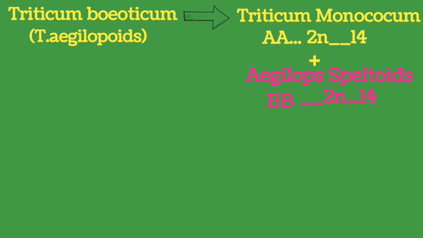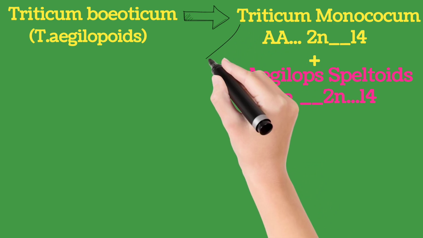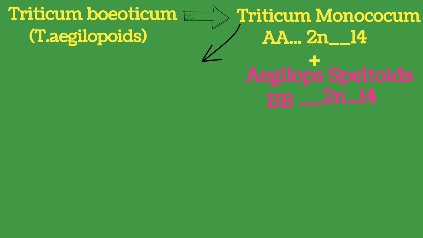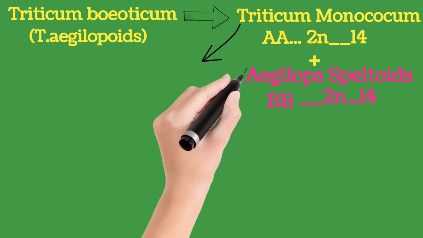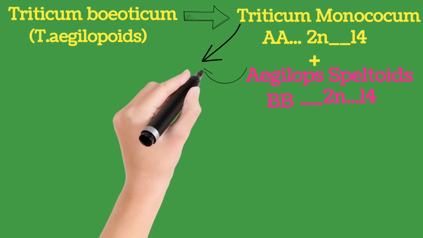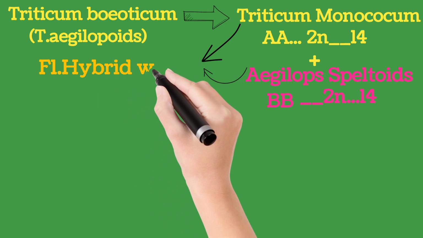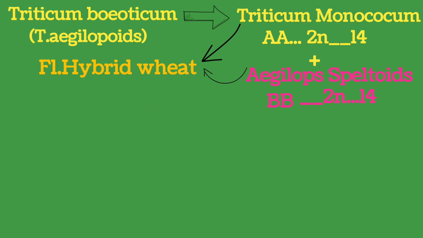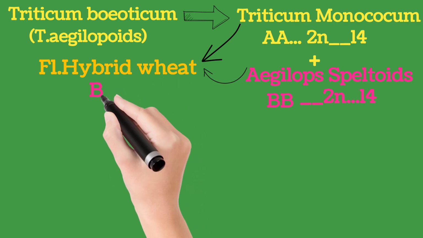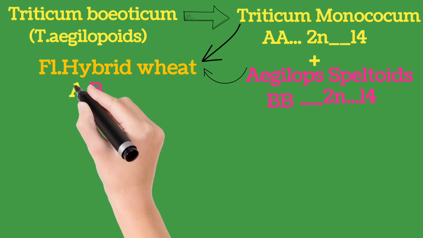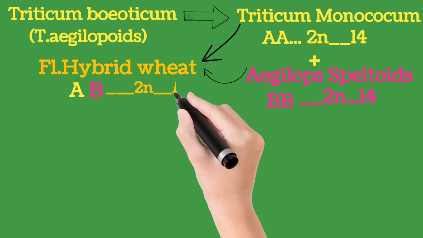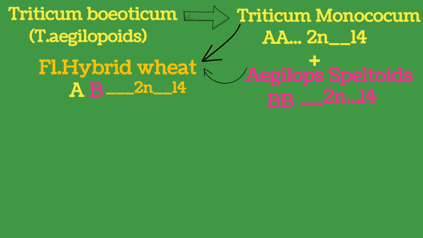Right? Now fusion of Triticum monococcum and Aegilops speltoides, they interbreed and they form a different type of wheat species, or we can say F1 hybrid wheat. But this wheat does not produce viable results. Right? This F1 hybrid wheat was also diploid in nature. Then what happens?